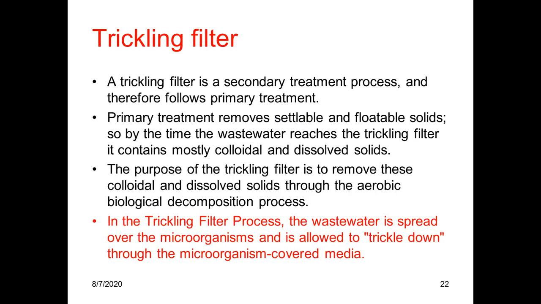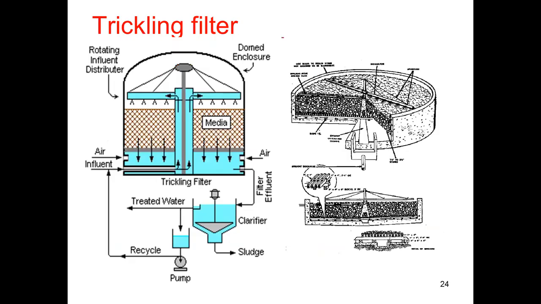Let's see what a trickling filter is. So before I read this, you can see this is a trickling filter. So the influent, the wastewater, comes from this inlet. I told you that these biological methods are applied in secondary treatment or in tertiary treatment.